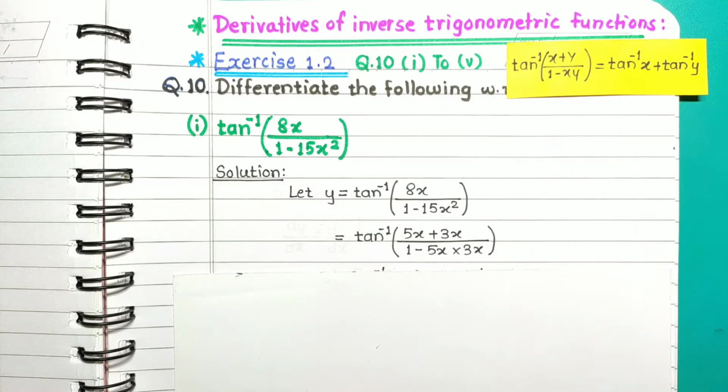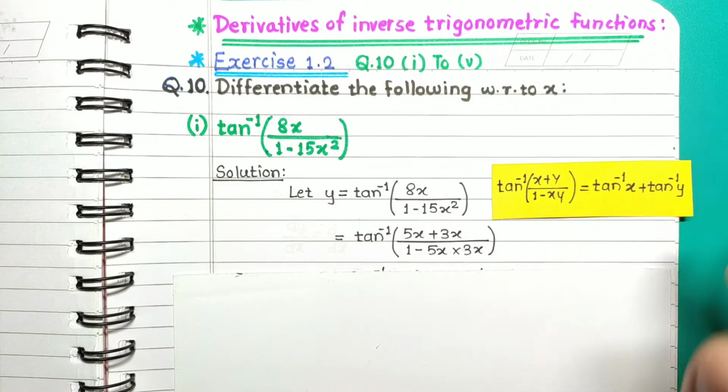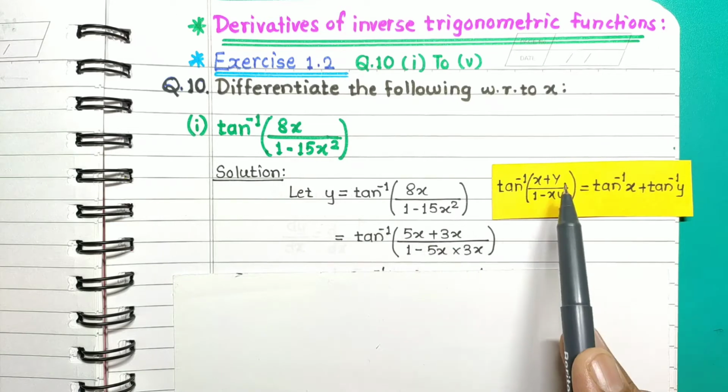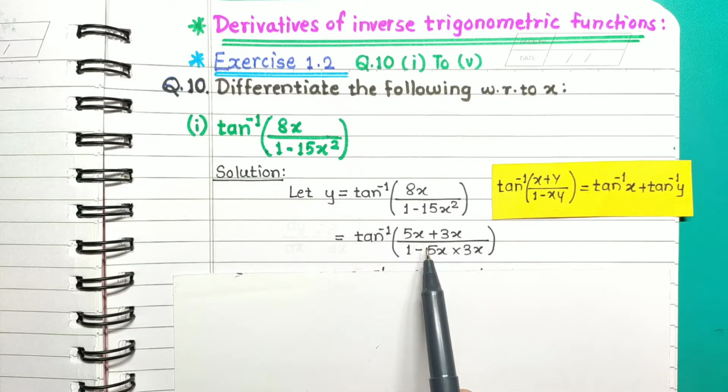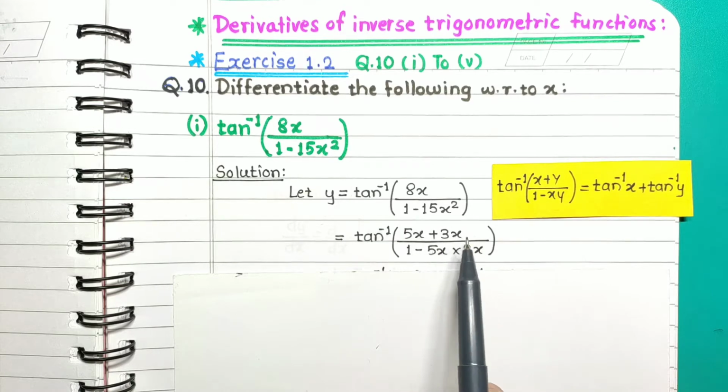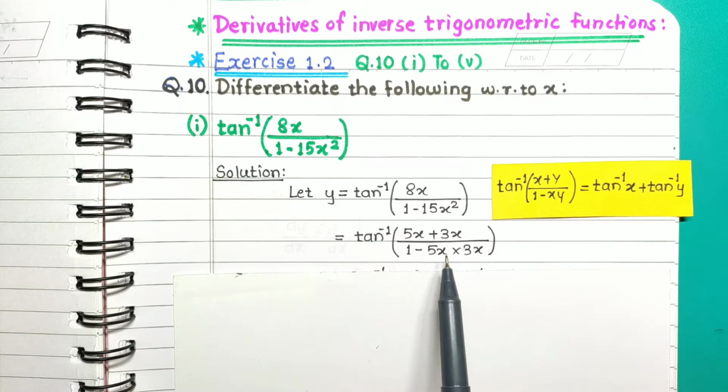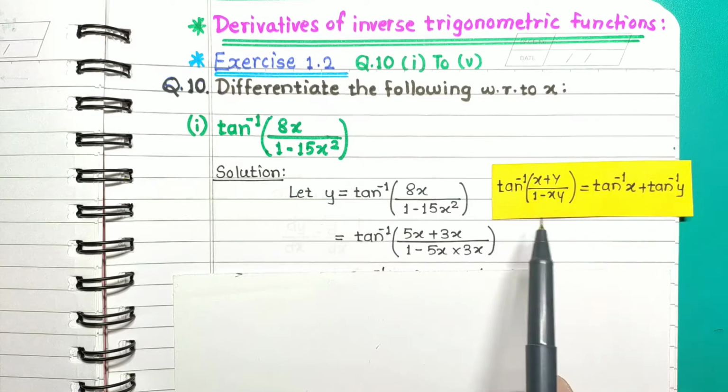Okay, so according to this, here x is 5x and y is 3x. So the sum of these two terms is at the numerator, and at the denominator 1 minus the product of these two terms is there. So it needs your observation and you need this property.